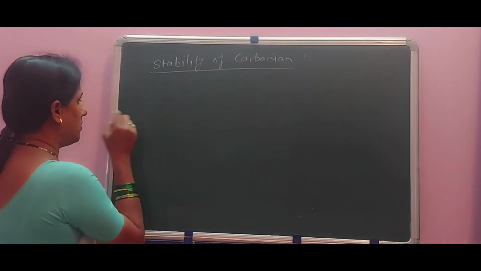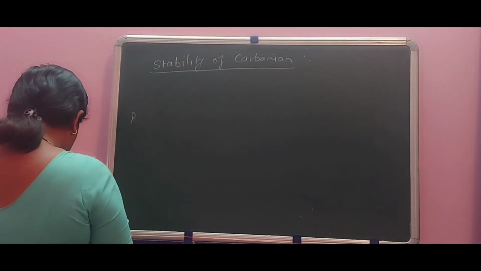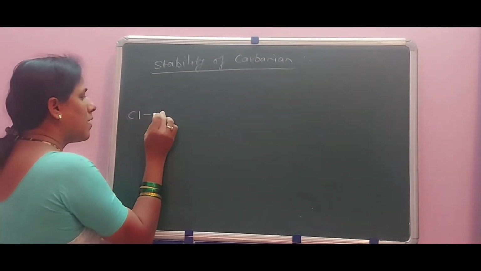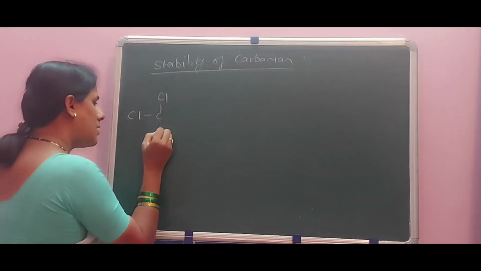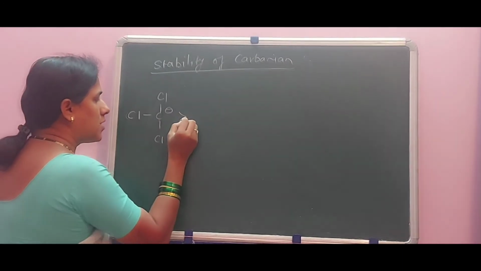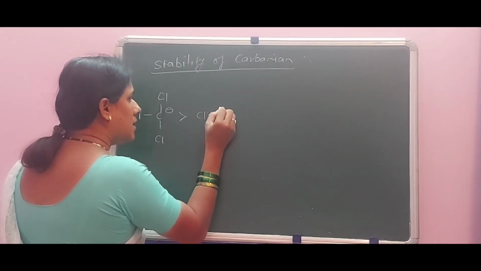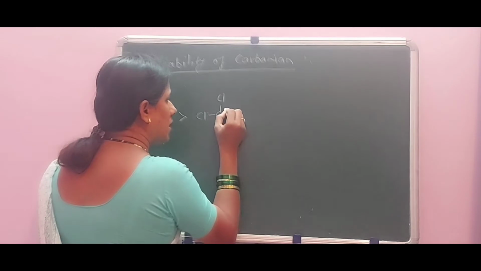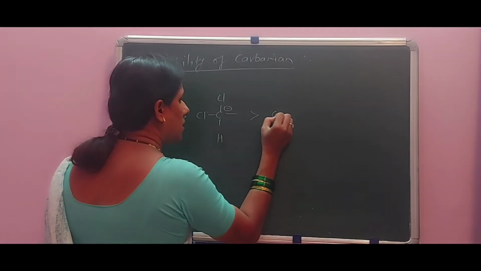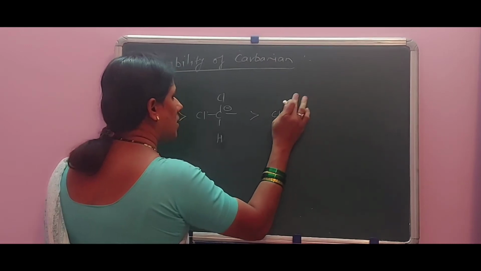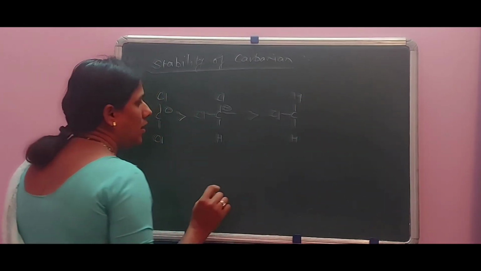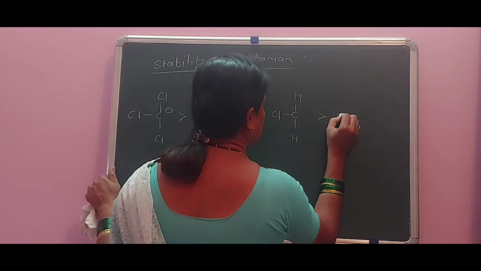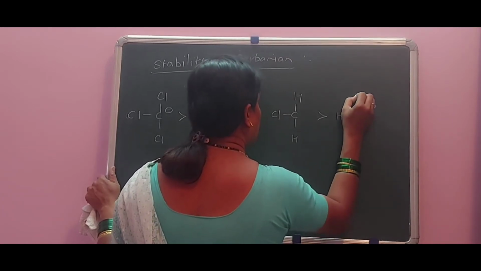See here, first is Cl, C, Cl, which is greater than Cl, C, H, which is greater than Cl, C, H, H. Thus, there is formation of CH and CH3.